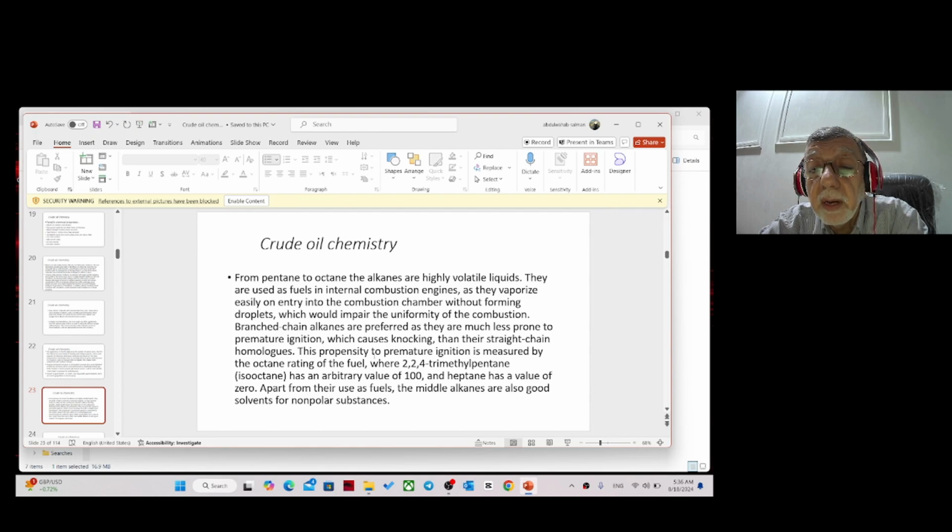combustion chamber without forming droplets, which would impair the uniformity of the combustion.